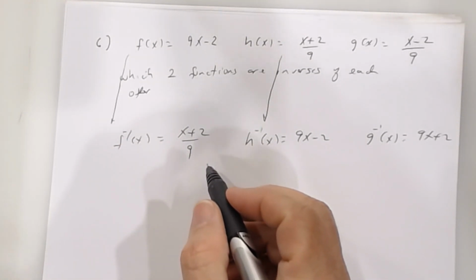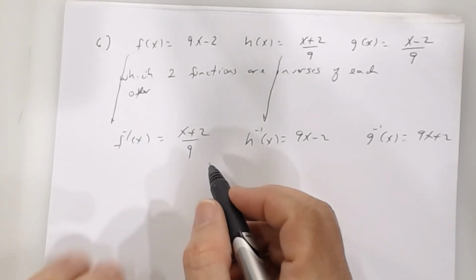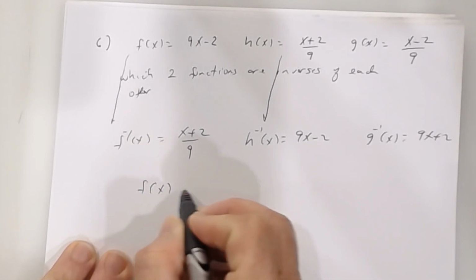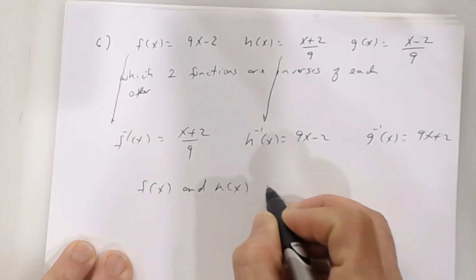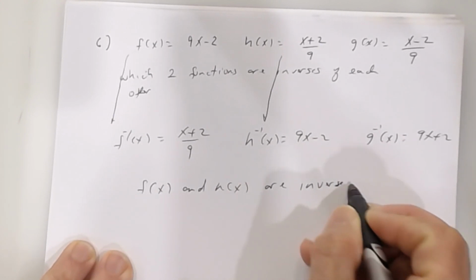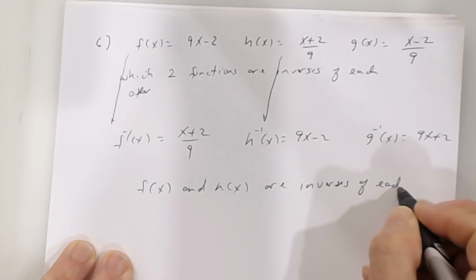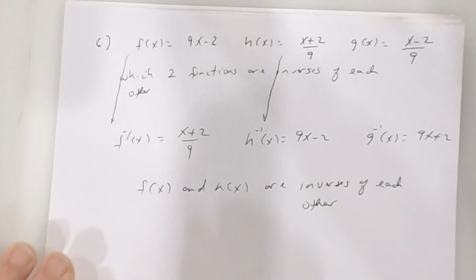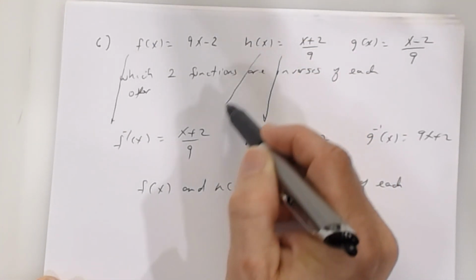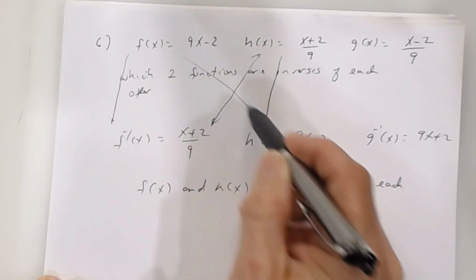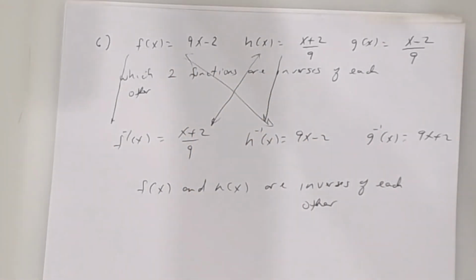F of x and h of x are inverses of each other. Okay, because notice you get the same thing right here and right here. All right, and that's all you do. There's no work really to be done except what you just saw. Find the inverse of each, and you're done. Just see which ones are alike.